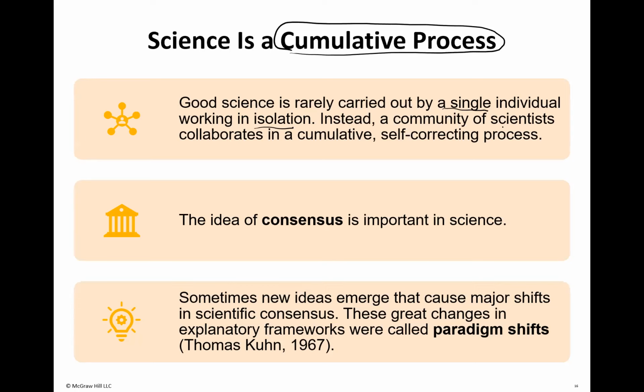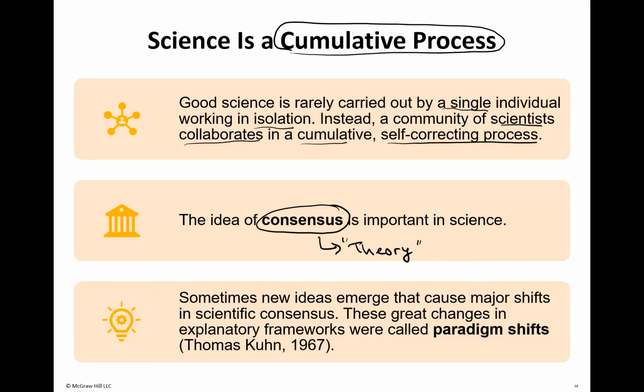Instead, a community of scientists collaborate in a cumulative, self-correcting process. The idea is consensus. That's the reason why a result that becomes consensus is usually known as a theory. So a theory is not coming from one experiment, but from a cumulative process.